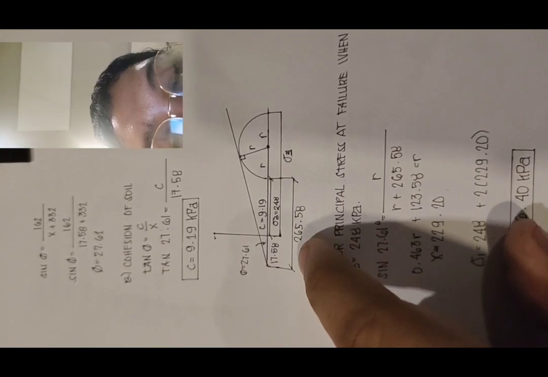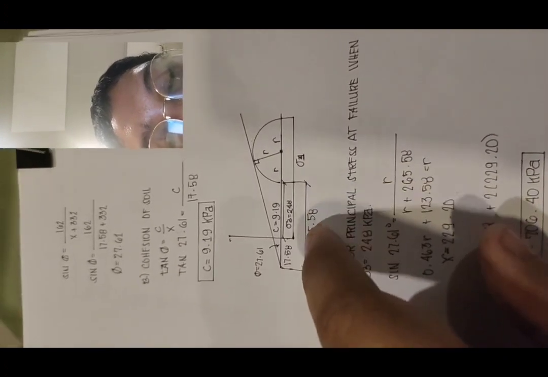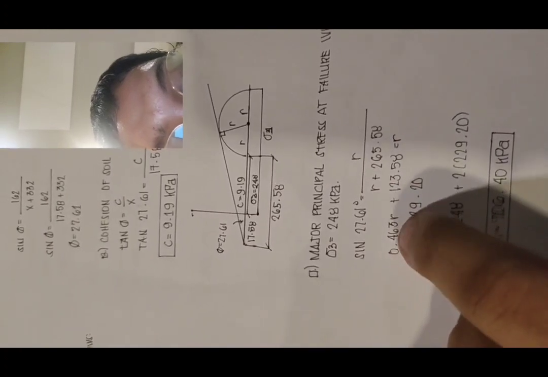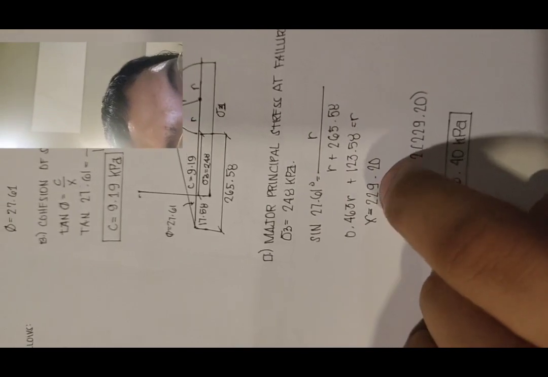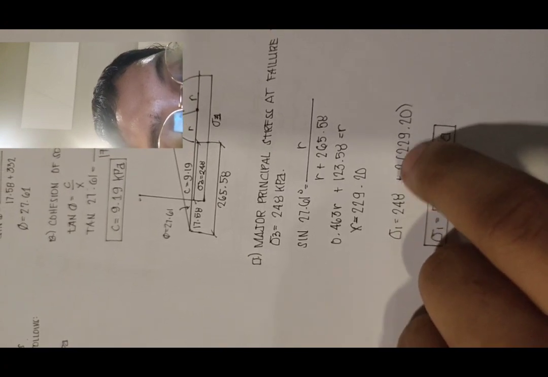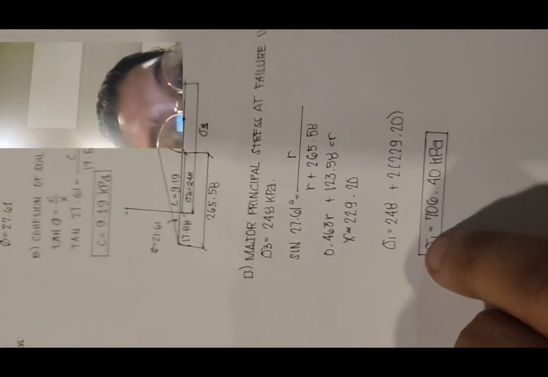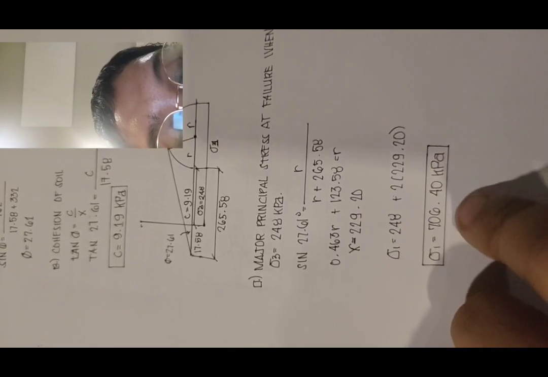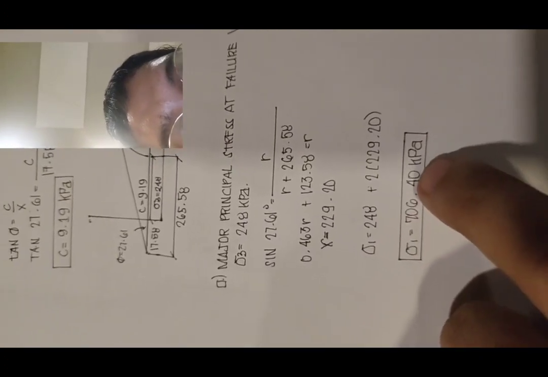I think 260.58, pinag plus yun 209 plus 17.58. Ayan. So we get here 0.463 R plus 123.58 is equal to. So getting the R is 229.20. We have here the stress 1 is equal to 248 plus 2 times 229.20. We get the major principal stress at failure na 706.40 kPa.